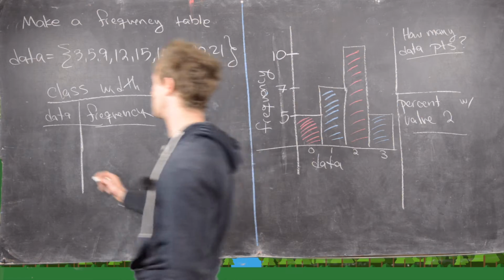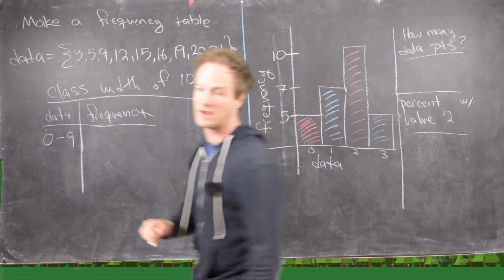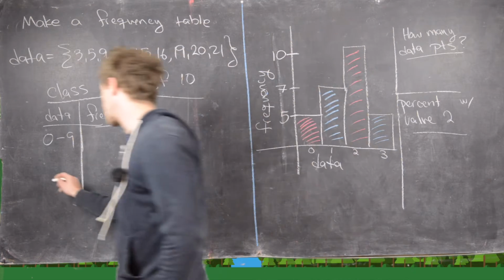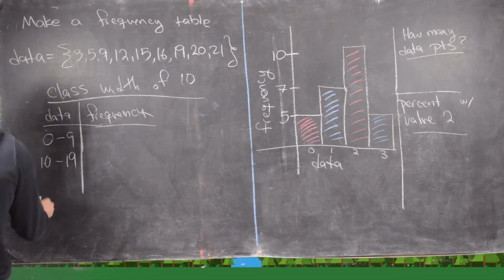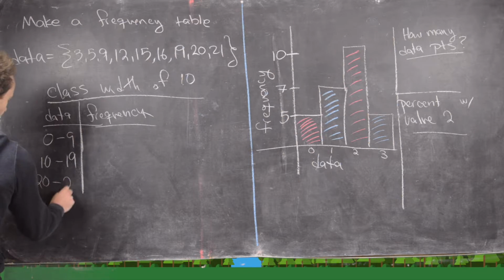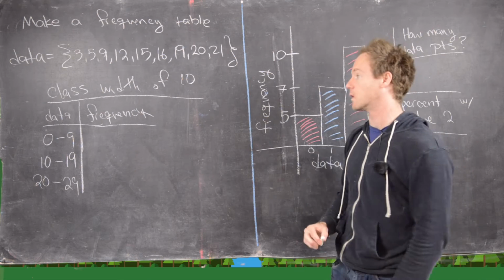So let's say the data values that we want in this first entry will be 0 through 9. Then this second entry will be 10 through 19. And in this third entry, we'll do 20 through 29. But notice that's enough because we end at 21.